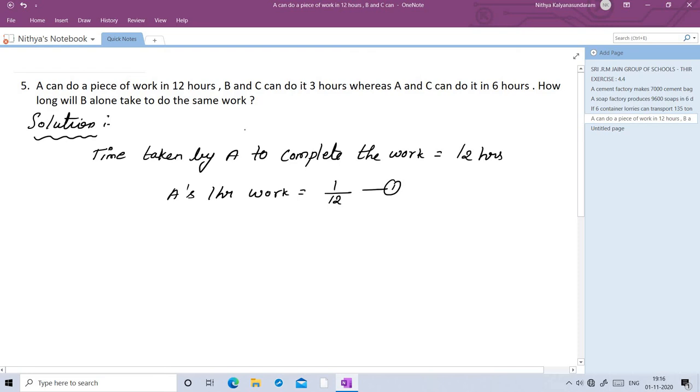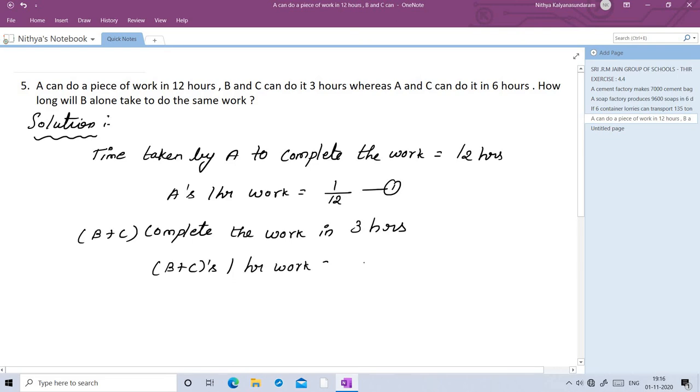Then B plus C together complete the work in 3 hours. So in 1 hour, divide by 3. So B plus C's 1 hour work is equal to 1 by 3. Let's take this as equation 2. So add equation 1 and 2.